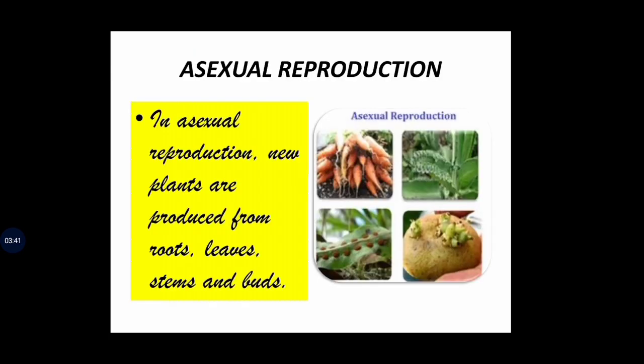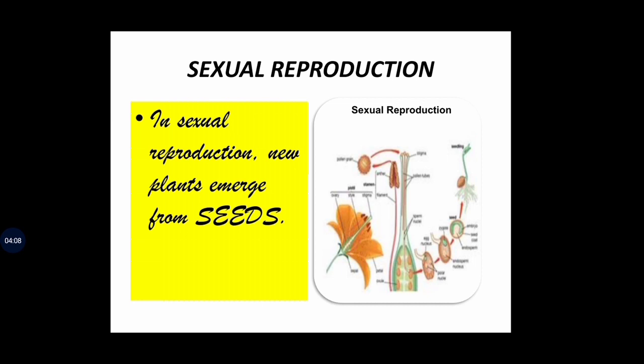If we talk about asexual reproduction, new plants are produced from roots, leaves, stems and buds. Look at this picture. In this picture you can see a new plant has emerged out from roots, leaves, stems and buds. This kind of reproduction we call asexual reproduction.